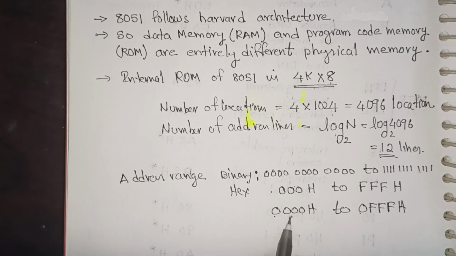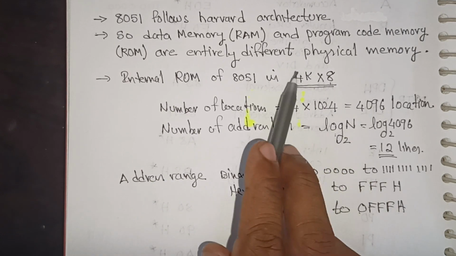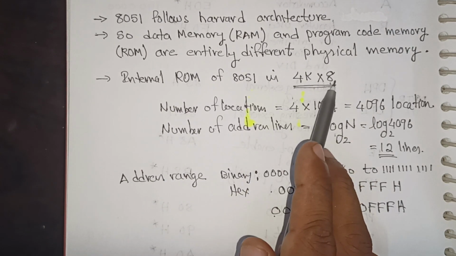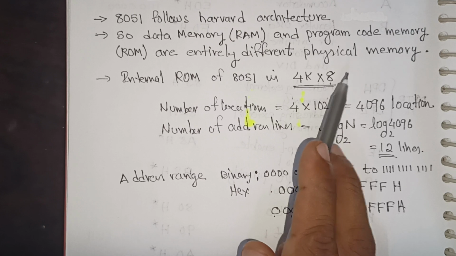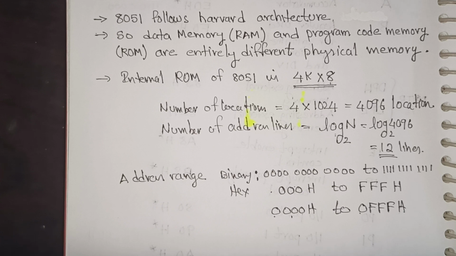Okay, so this is the address range of the memory. In the internal ROM of 8051, we have 4096 locations, which is equivalent to 4K locations, and each location can store 8 bits of data. So this is the internal ROM organization. Actually, ROM is a plain memory with 4K locations.